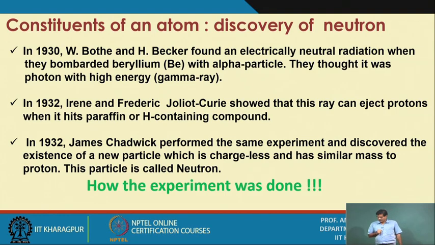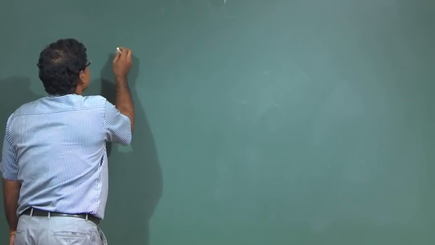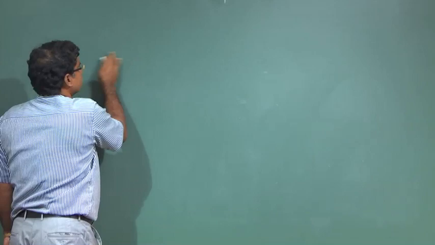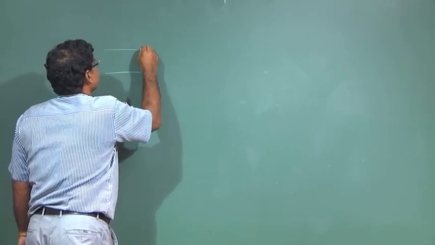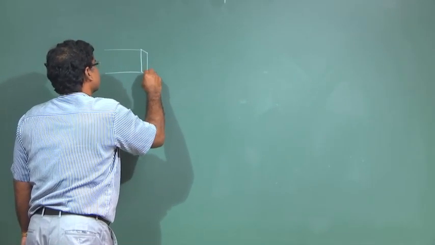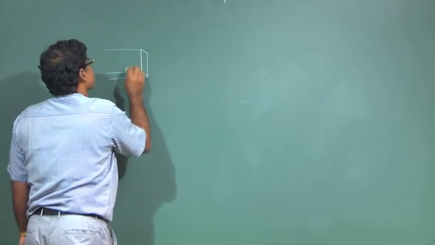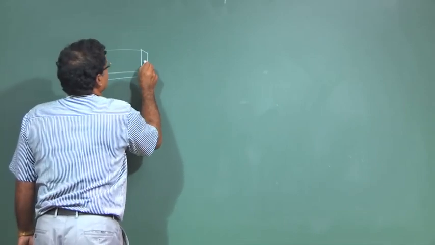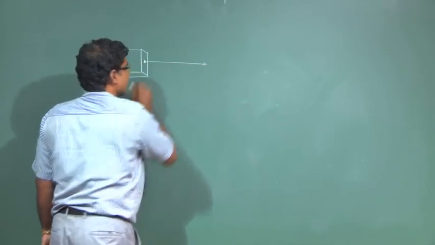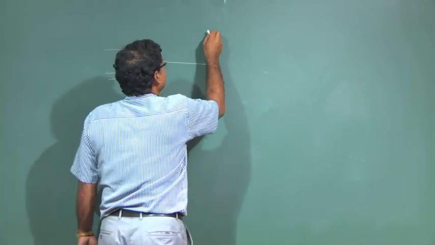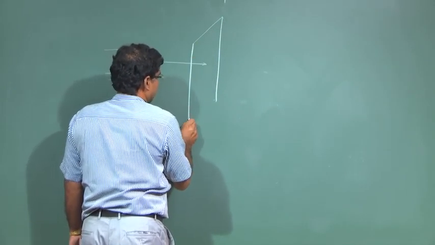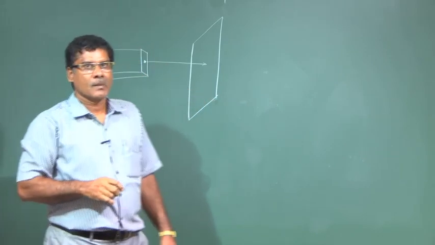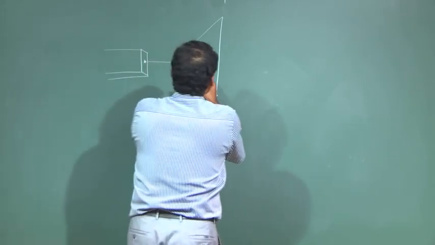Okay. So, that means they took a source of alpha particles. Alpha particles are emitted from the source, and they put a foil, and this alpha particle bombarded this foil.